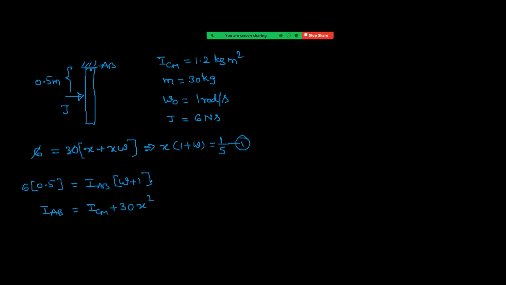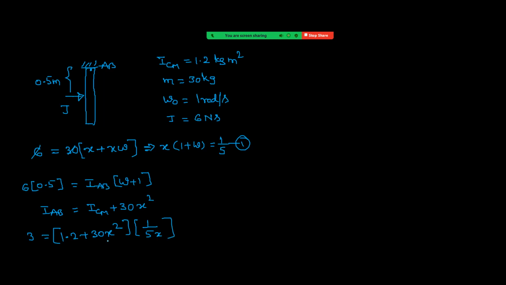Coming to the calculation part, substitute this in this one. 6 into half is 3. So 3 equals I_CM, that is 1.2, plus 30x square, into, in the place of 1 plus omega, I am writing 1 by 5x.